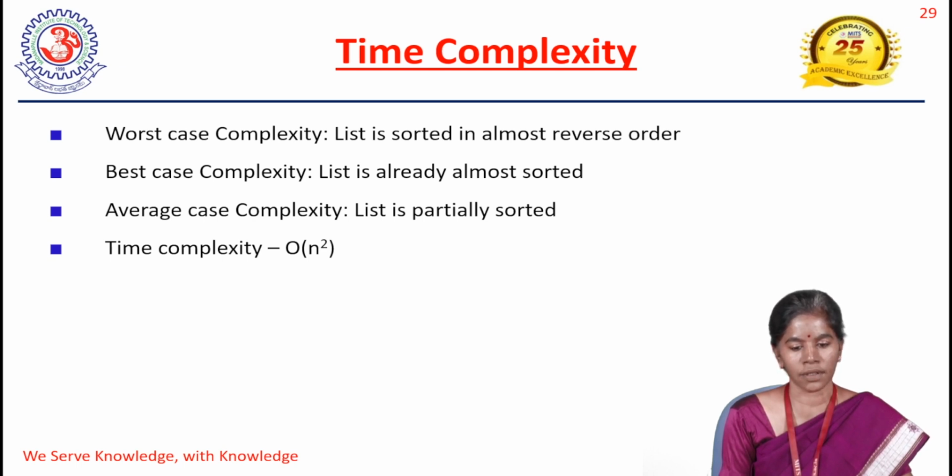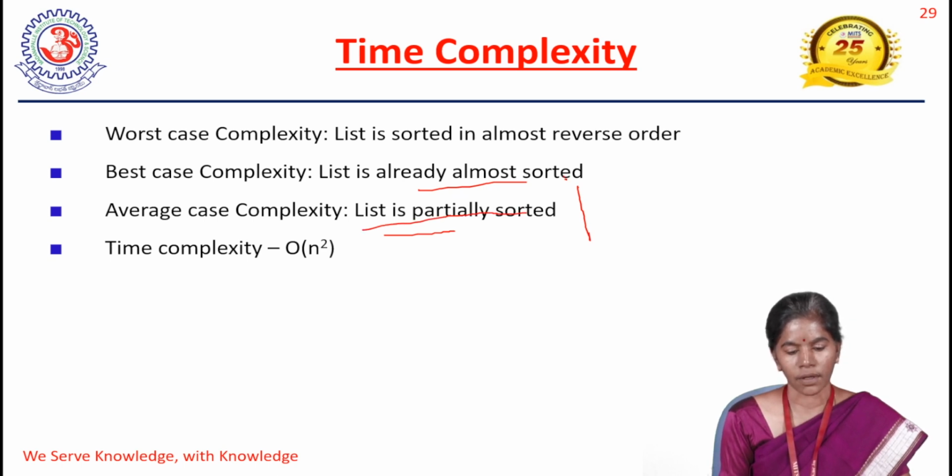The best case is when the list is already almost sorted and just very few elements have to be put into the sorted list. The average case is partially sorted. Insertion sort works very well for a partially sorted list.